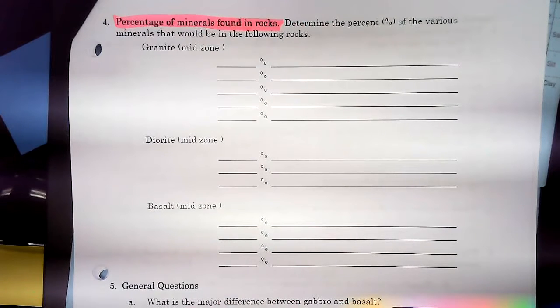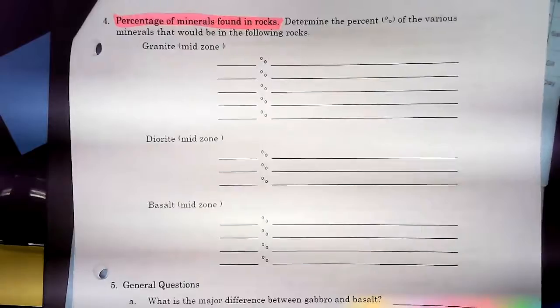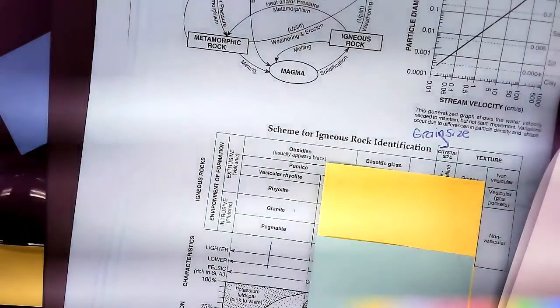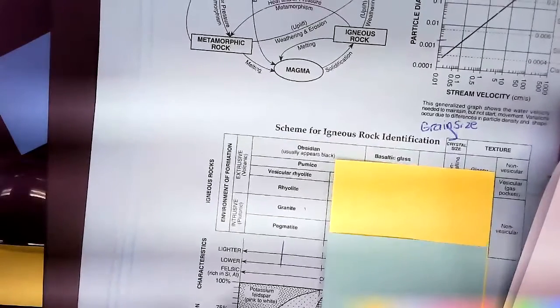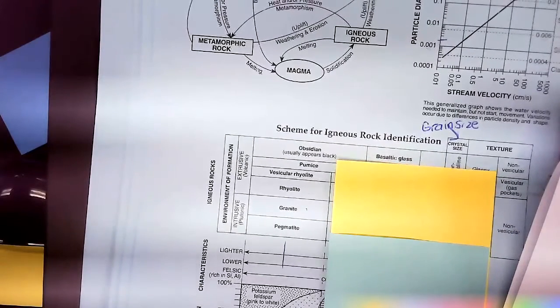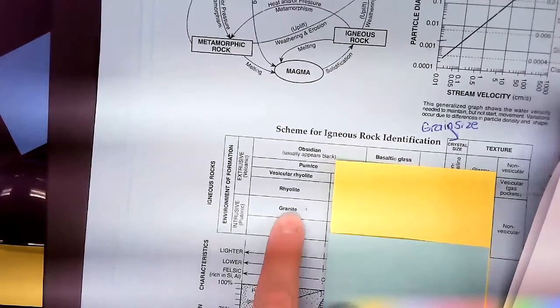How do you find the minerals in, let's say, granite? How do I find the minerals in granite? You follow what? But which way do I follow the box? Not over, nope, down. So here's granite.